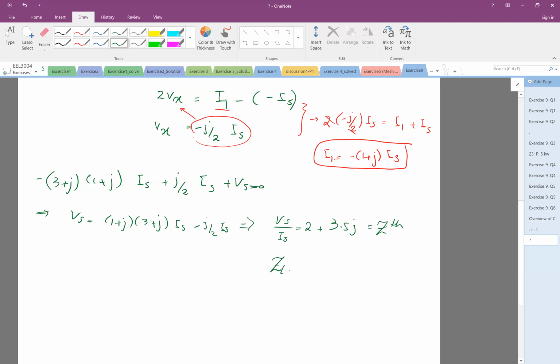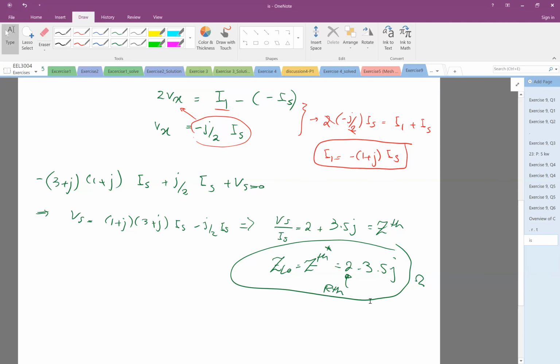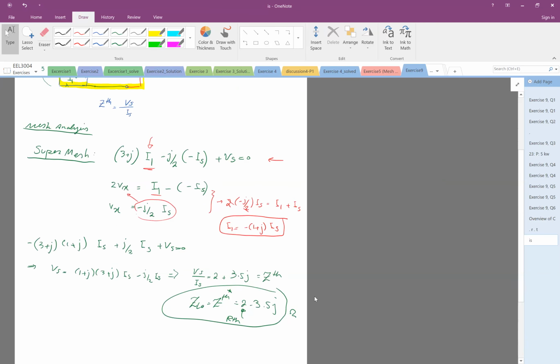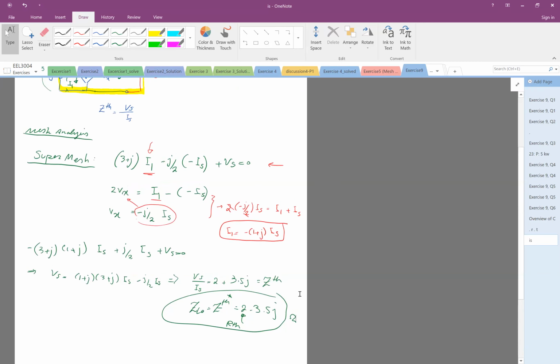But remember again, the load is the Thevenin conjugate, which is 2 minus 3.5J. Okay, so this is the mesh analysis. As you see, we got the same.